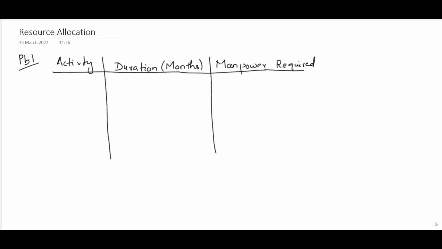Manpower required is our resource. Then the activities are: 1, 2 takes 4 months, 10 manpower is required. 1, 3 takes 5 months, 4 manpower. 2, 3 takes 8 months, 5 manpower. 2, 4 takes 8 months, 2 manpower. 3, 4 takes 4 months, 7 manpower. So this is the question given to us.